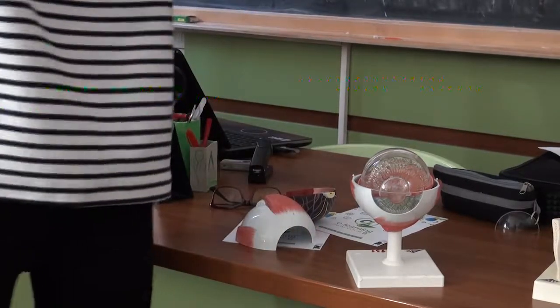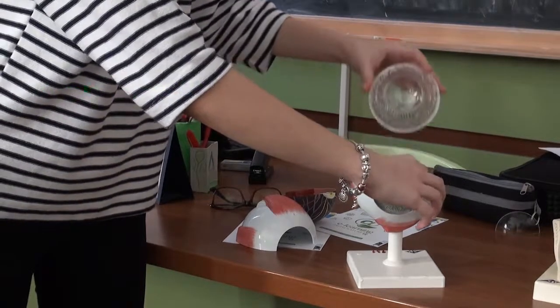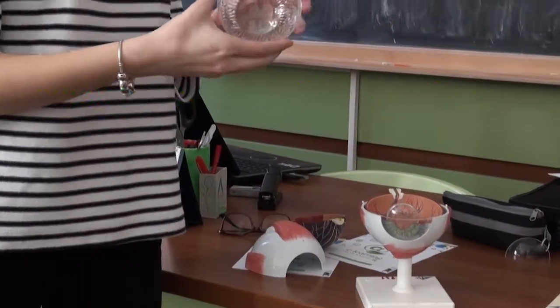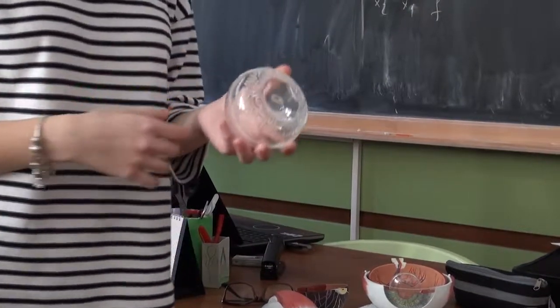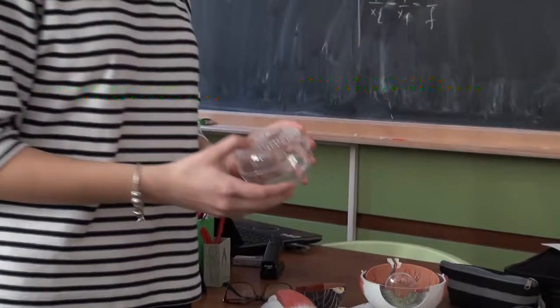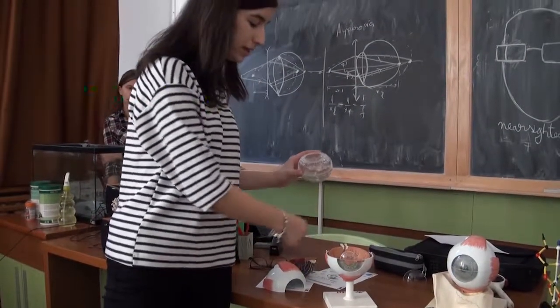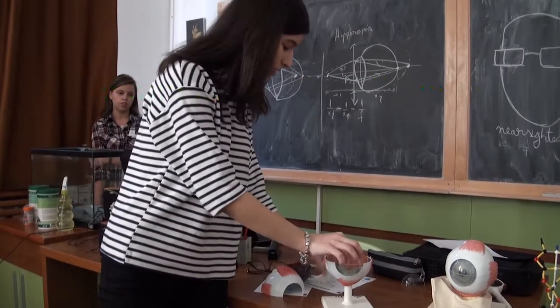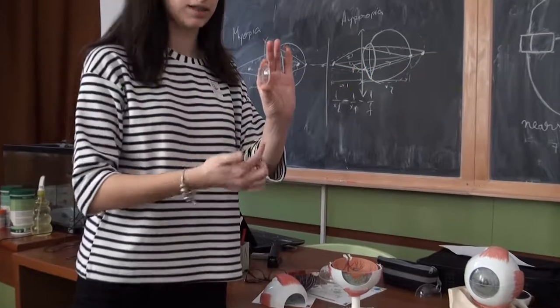The inside structure of the eyeball is the vitreous humor, which is basically a large glass sphere that ensures the correct passing of the rays of light from the cornea, which is the outer membrane, towards the end of the eyeball. What we have here is the crystalline lens, which is a double convex lens.